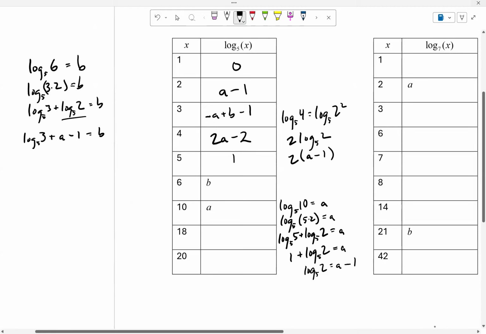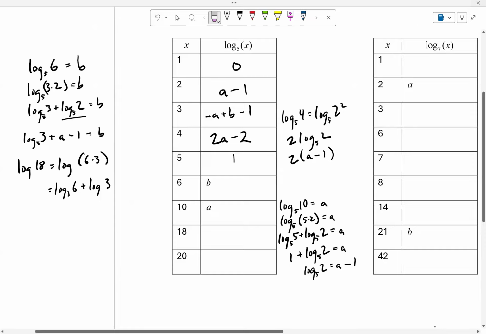For 18, I'm going to base this on what I've already done. 18 is 6 times 3, isn't it? So that's log base 5 of 6 plus log base 5 of 3. I'm sorry, why was I doing base 3? These should be base 5s.